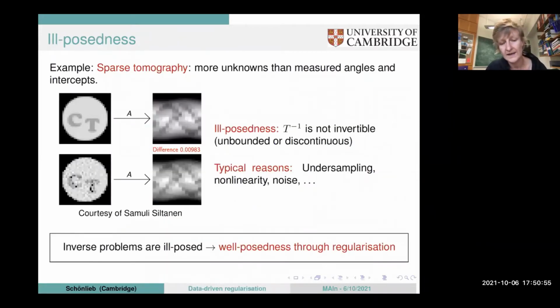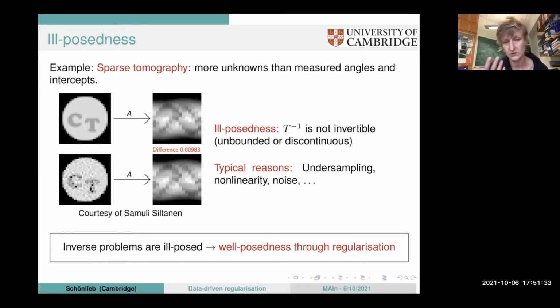Now, I hinted towards this already. Inverse problems are challenging, usually most inverse problems in practice, because they are ill-posed. The kind of inverse problems that I've been working on and that I will show you in this talk are linear inverse problems, where mostly the ill-posedness comes from properties of the forward operator, for instance, the forward operator being compact.